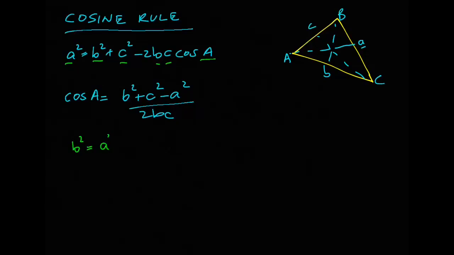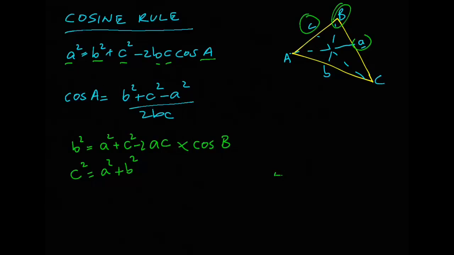So b squared is going to be the sum of the squares of the two adjacents of angle B, minus 2ac times cos B. And then the same deal if you were doing it for side c: c squared equals a squared plus b squared, the two adjacents, and you'd be working with cos angle C. So the two adjacents to angle C are b and a, minus 2ab cos C again. So yeah, they're your three equations.